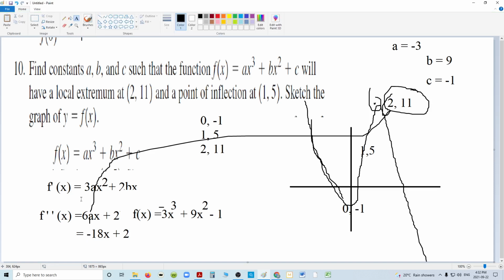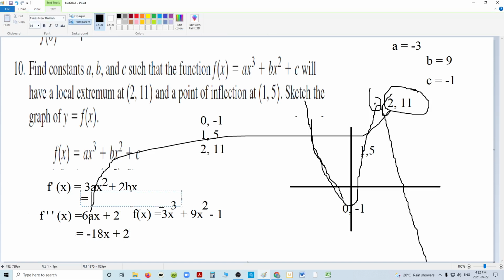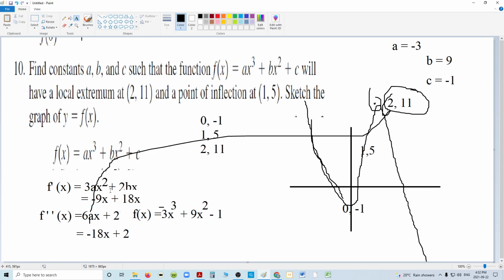And I can also rewrite this one here as minus 9x squared, and b is 9, so plus 18x. Great. My only question is, right here, when x is 2 into this formula, what do I get? I get minus 36 plus 2, which is minus 34, which is essentially a minus, which tells me that point is a maximum. So I've confirmed that that is indeed a maximum.